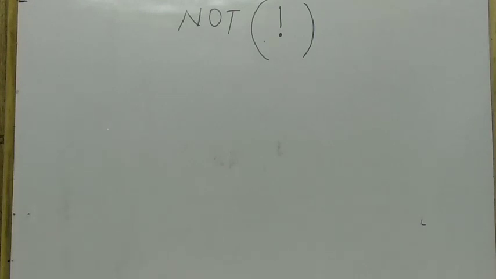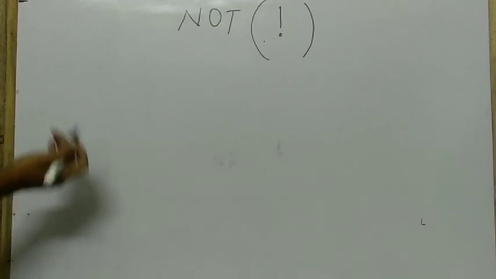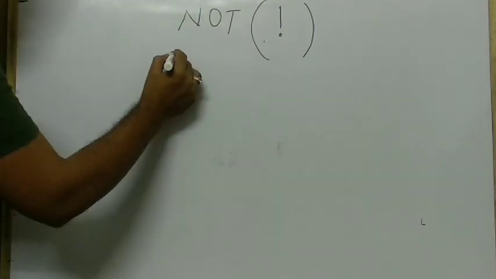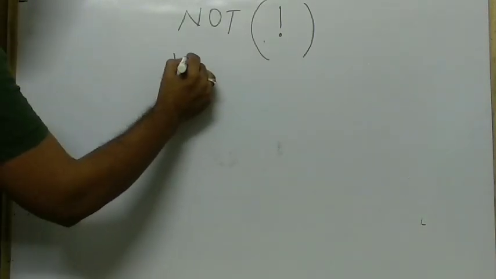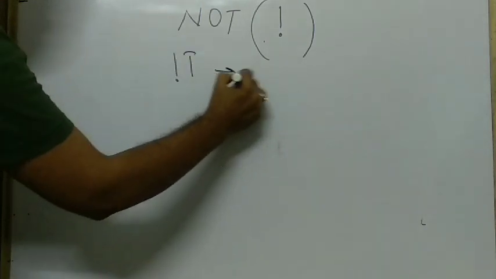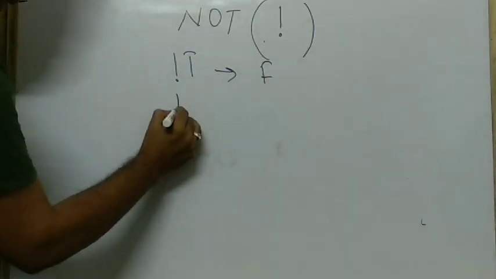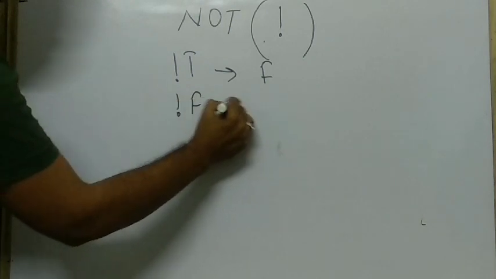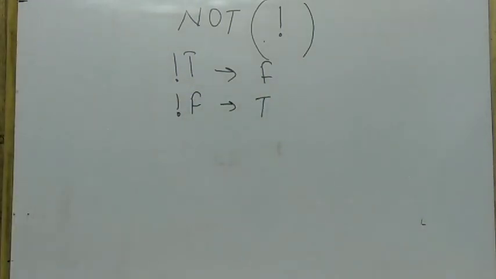And it will take only one condition. So if the condition is not true, that means false. Not false means true. In common language, if you say this condition is not true, that means it is false, and if I say this condition is not false, that means it is true.